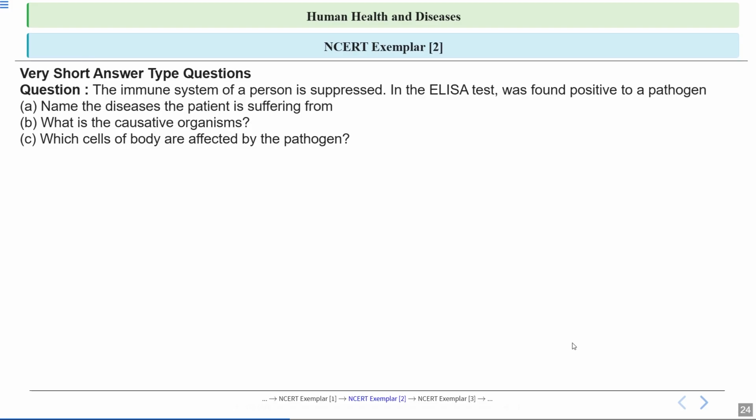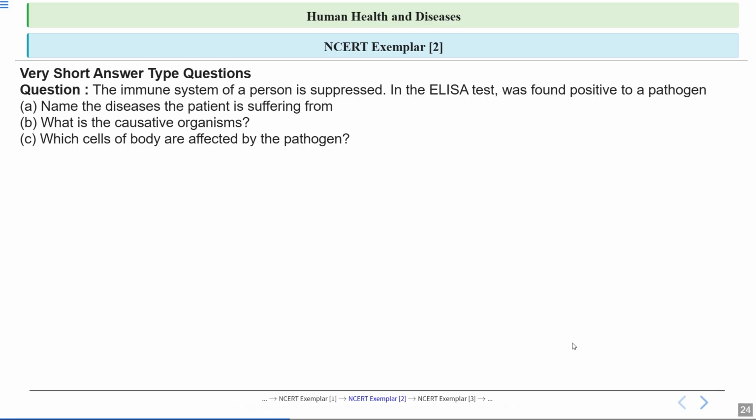The next question: the immune system of a person is suppressed. In the ELISA test, the person was found positive to a pathogen. So these are the two conditions given to you: the immune system of the person is suppressed, and the ELISA test was found positive to a pathogen.